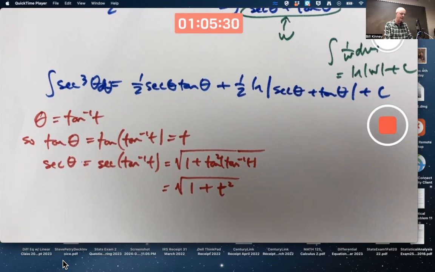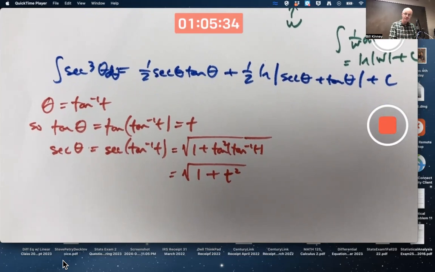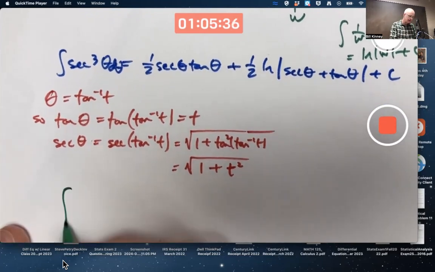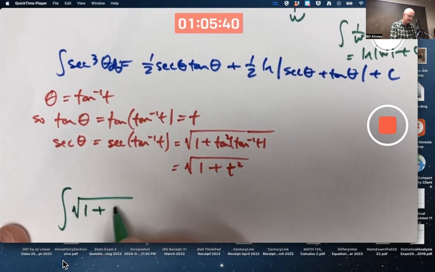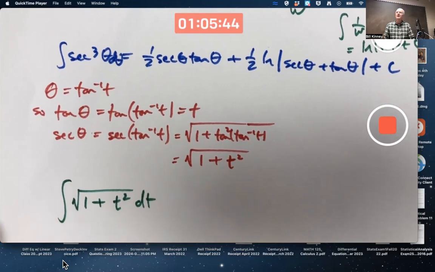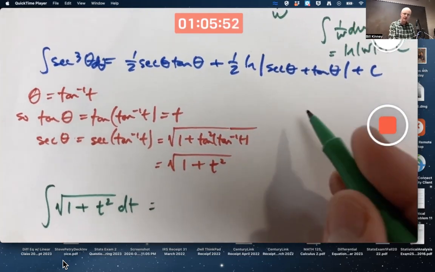So now this all means the final answer for the integral of square root of 1 plus t squared, the very original integral, which is going to help us find the distance traveled, the arc length along the curve, is combine everything here, go up here.